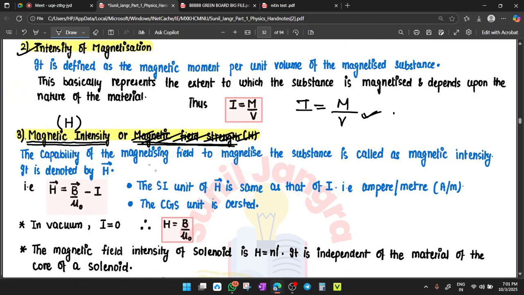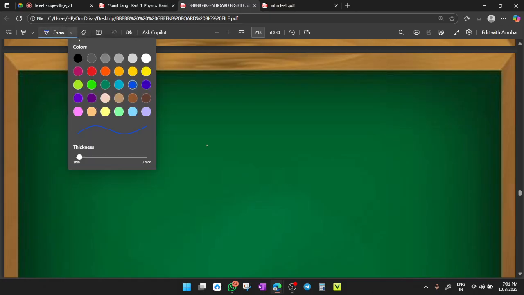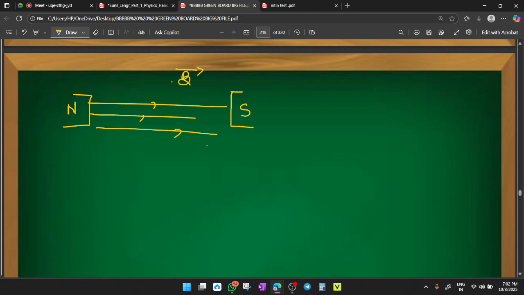Like you have applied some magnetic field here, with north and south poles, that magnetic field is called B. Now, if you insert a magnetic material inside the magnetic field B, magnetization of this material will take place.